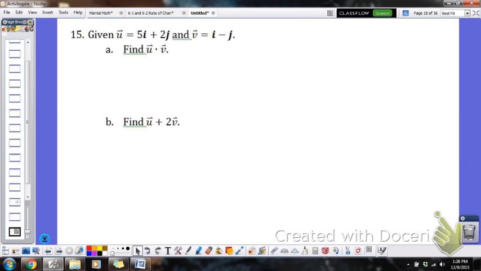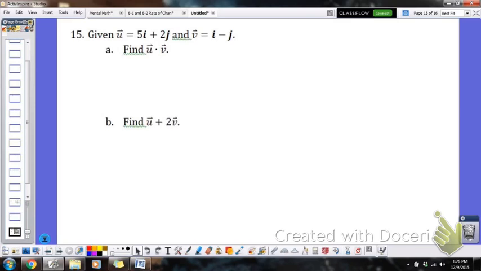For number 15, we're given two vectors. We're given u is equal to 5i plus 2j, and vector v is equal to i minus j. Part A says we're going to find the dot product of u and v. So remember, the dot product says we multiply the i coefficients plus the product of my j coefficients.